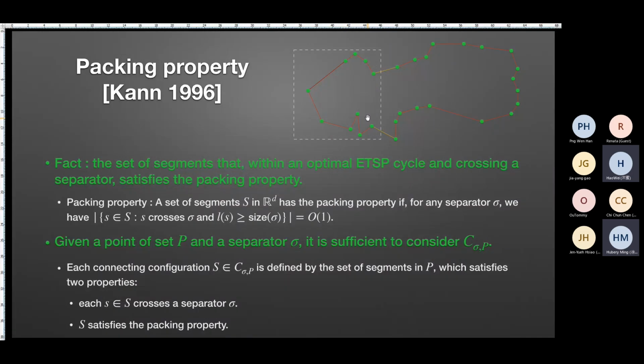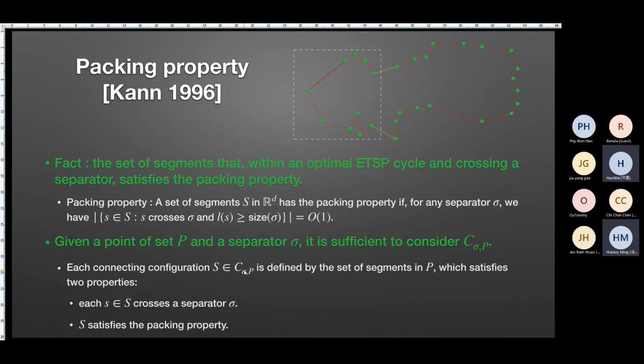And the separator theorem is that we consider such connecting configurations for all connecting configurations, and the separator theorem bounds the number of the connecting configurations. So you compare the crossing length, not the cube length.